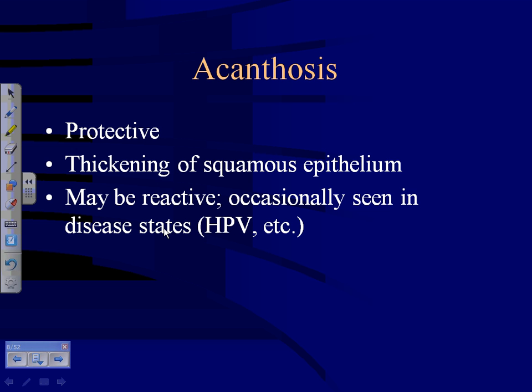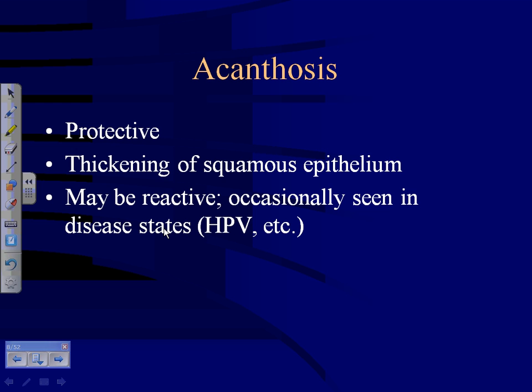Now, acanthosis is a protective phenomenon, and basically it means thickening of the squamous epithelium. So instead of the normal 7 to 8 cell layers that we may see in the squamous epithelium, there'll be more than that, because the thicker it is, the more protection it confers. And again, this may be reactive, and most often is, especially when there's nothing else going on with those cells.